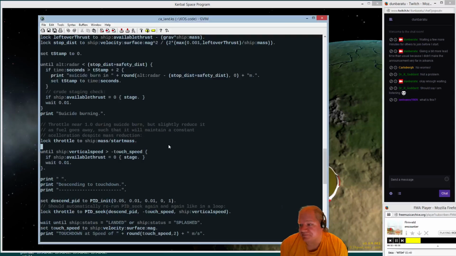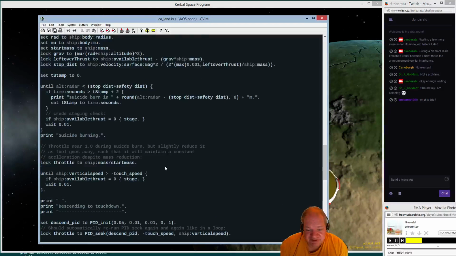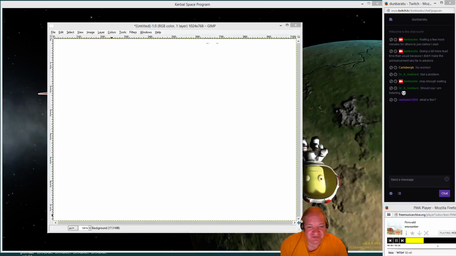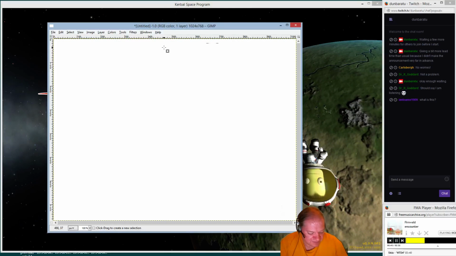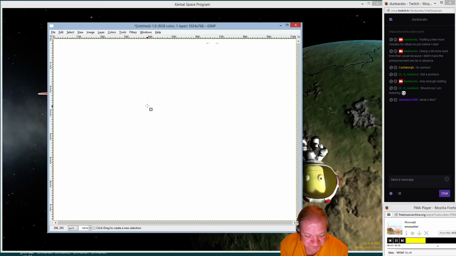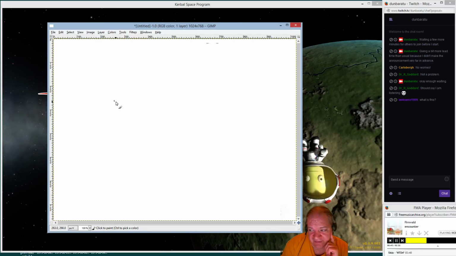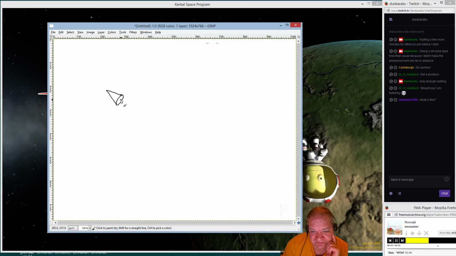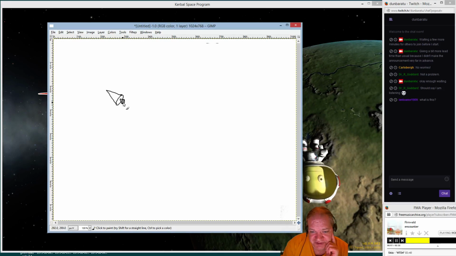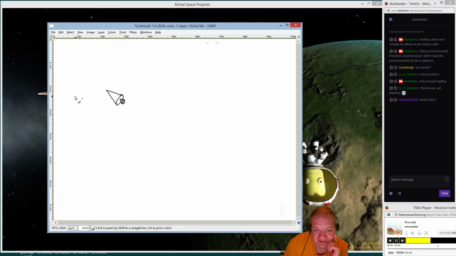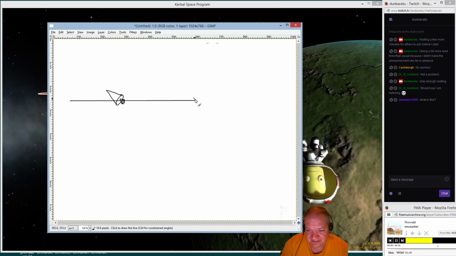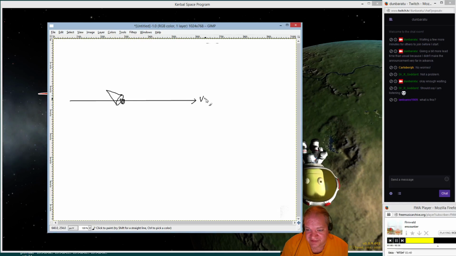Okay, anyway. So that was one change I did, that small bit there. The other change I'm going to do today is this. Previously, we had this logic going on. Here's your ship. It has an engine out the back that it's thrusting. And here is the horizontal line of its velocity.